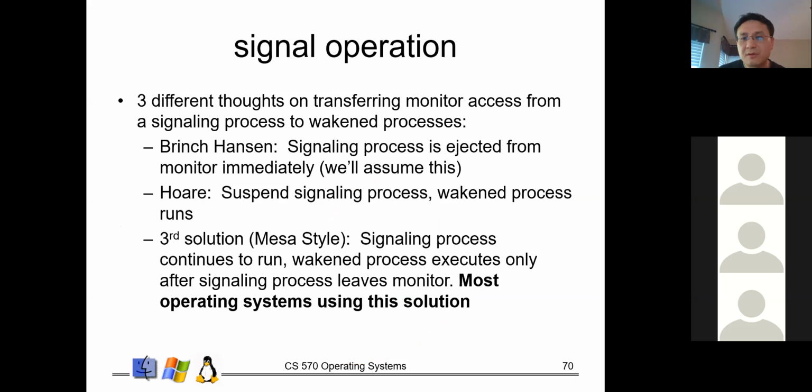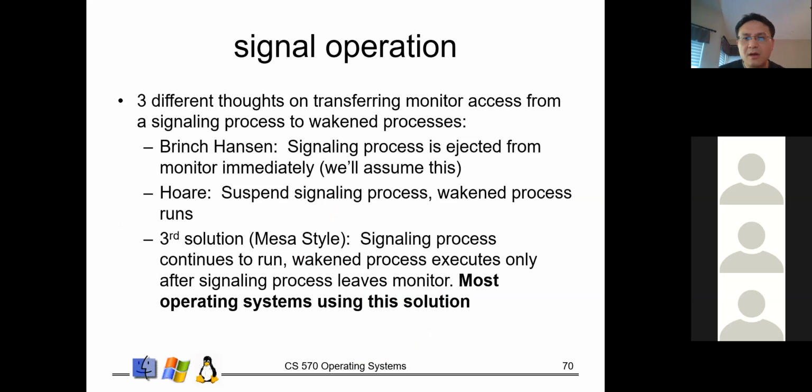There are in general three different thoughts on what to do about this. Brinch Hansen proposed that the signaling process or thread would be ejected from the monitor immediately when it hands over the lock to the awakened process or thread.